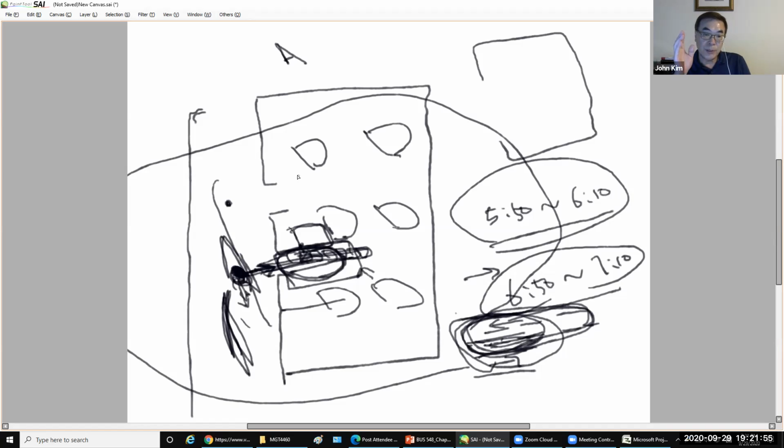To solve that problem, they suggested using online ordering, and increasing the workers, hiring more workers only at that time to make it faster. So there are many ways to solve the problem of the long lineup during that time. That is also a good operations management case.